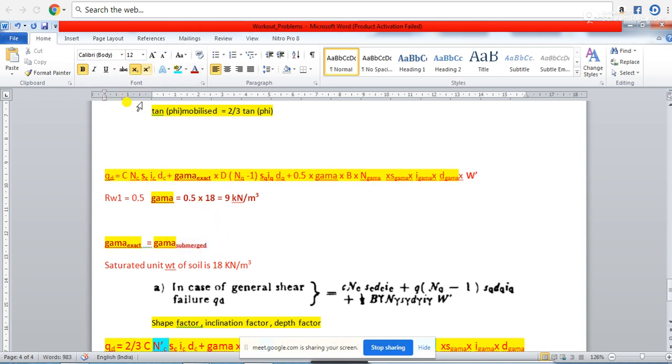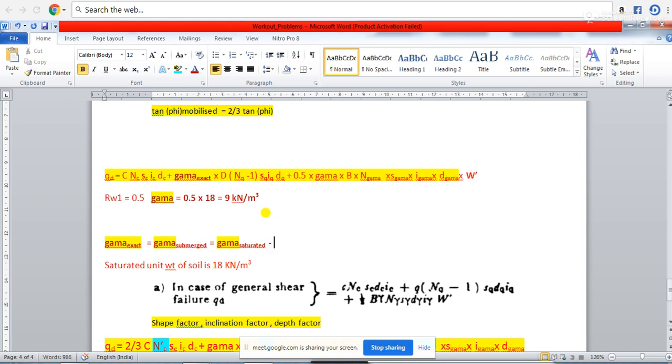And if you remember, what is gamma submerged? Gamma submerged is nothing but gamma saturated minus what?